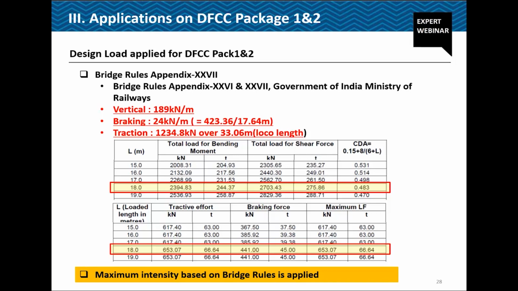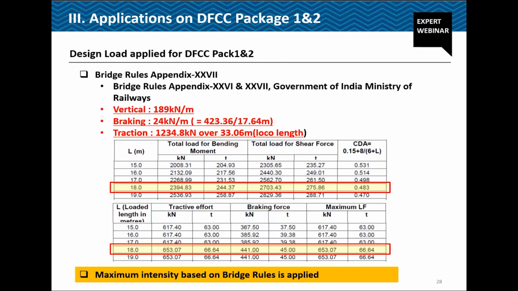And this is the bridge rule appendix 27 and 26. In Bridge Rule 27, this table is given based on each span length. They define the total loading which will be loaded within 80 meters.